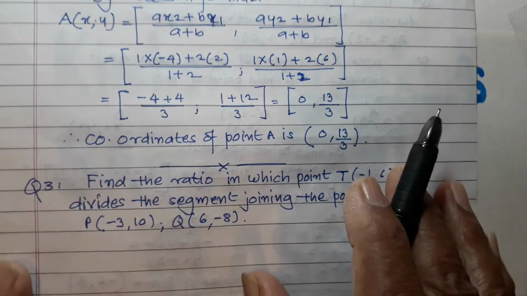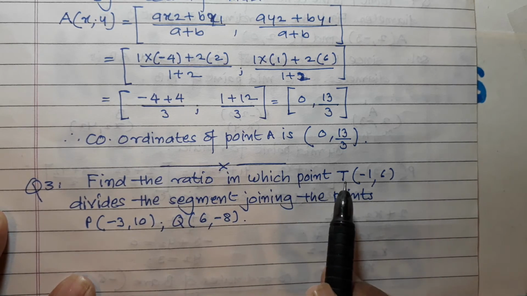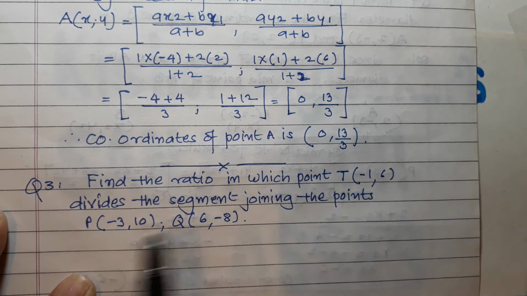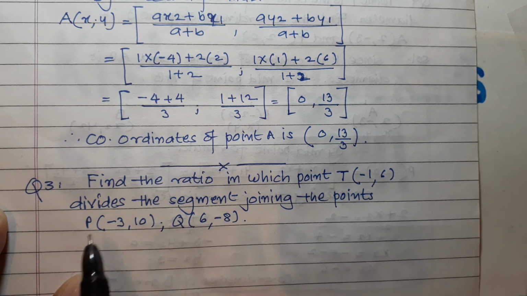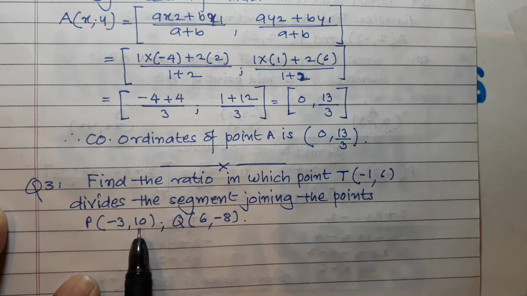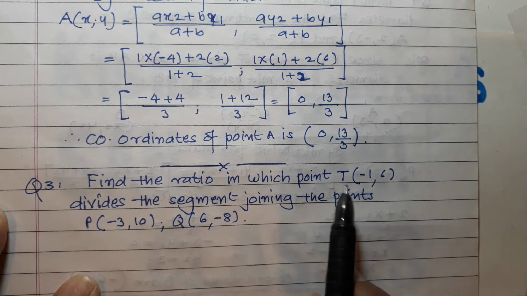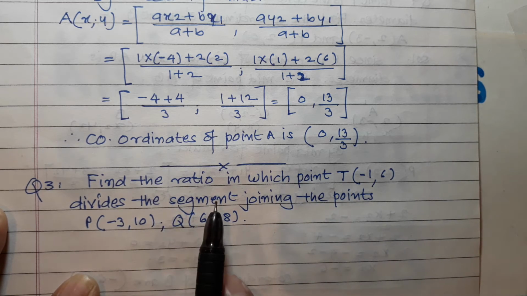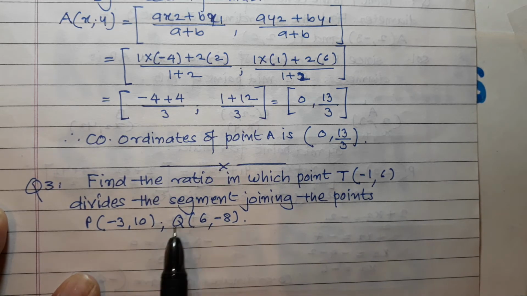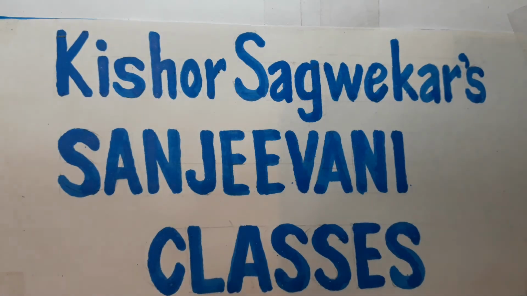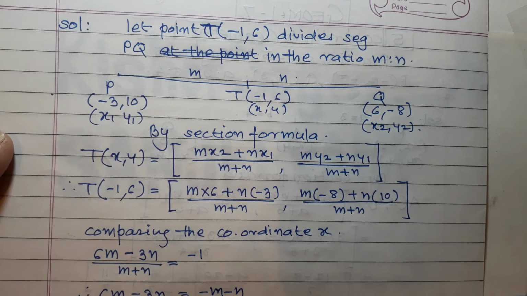Question number 3. Find the ratio in which point T (-1, 6) divides the segment joining the points P (-3, 10) and Q (6, -8). Now in this case, you have to find the ratio in which T divides segment PQ. Now try to understand this question because this question is important.